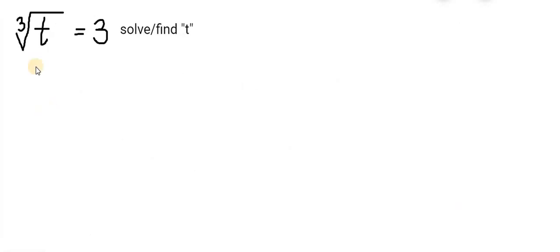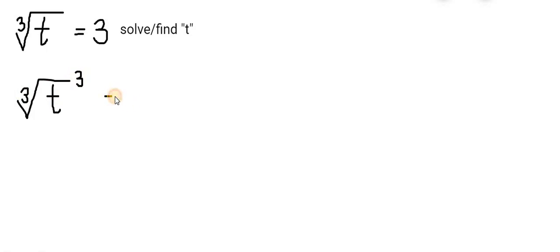Now we have a question. Cube root of t is equal to 3. Solve or find t, which simply means get t on its own. So in this case, the only thing attached to t is a cube root. So I use the opposite sign, which is a cube, to get rid of the cube root attached to t.